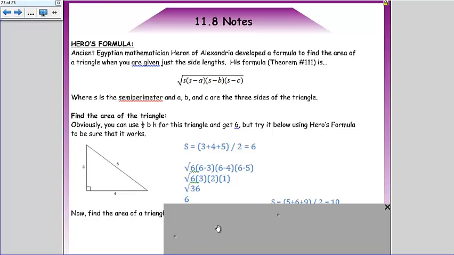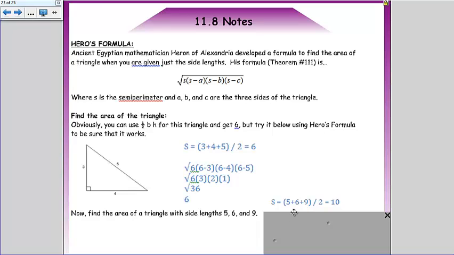But what if you didn't exactly know how the triangle was set up, and what if you don't have the right angle and the height given to you? So if you draw a triangle with sides 5, 6, and 9, you're going to have to do some trigonometry to find the height of this one. Or you can use Hero's formula, where first you will find the semi-perimeter of this triangle will be 10.